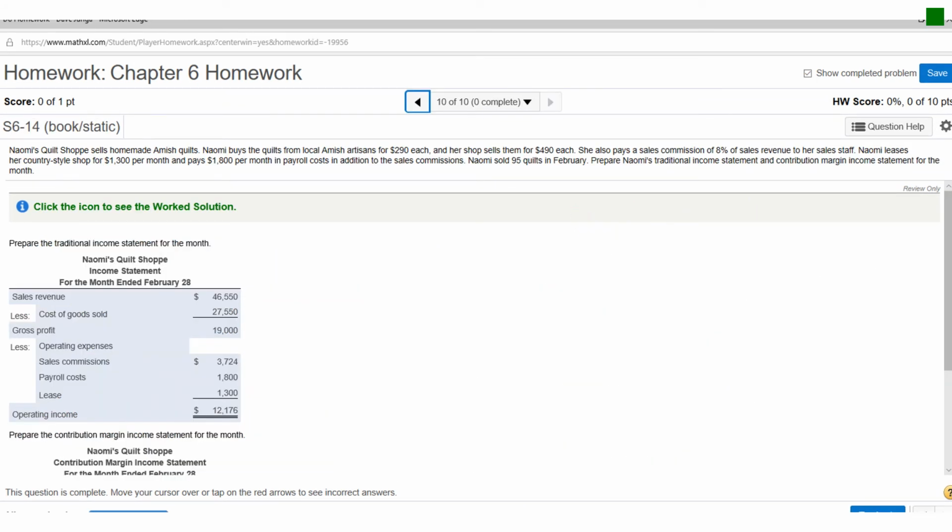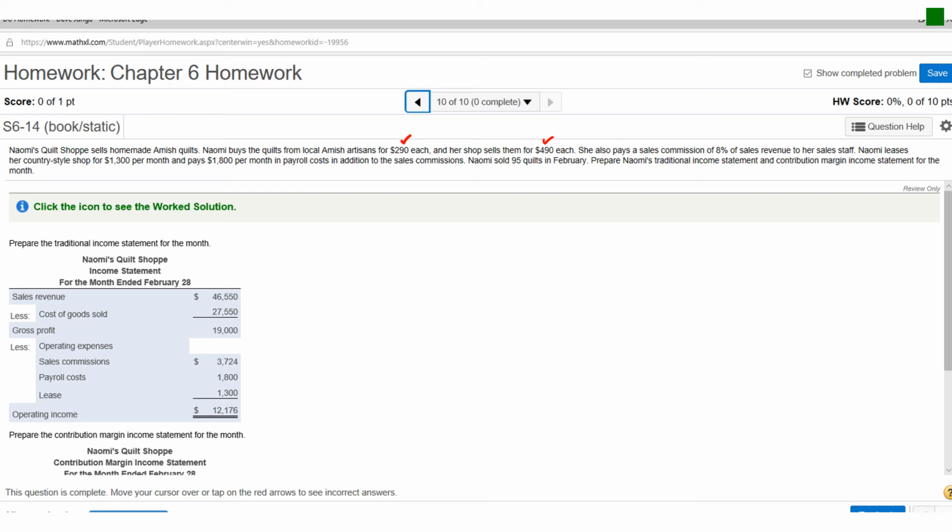All right, for this problem, we are going to be looking at the two different income statements. They call it the traditional or the GAAP income statement and the contribution margin income statement. In this problem, they give you that this is a quilt shop. They buy the quilts from a local Amish artisan for $290, so that's going to be their cost, and then they sell them at $490 each.